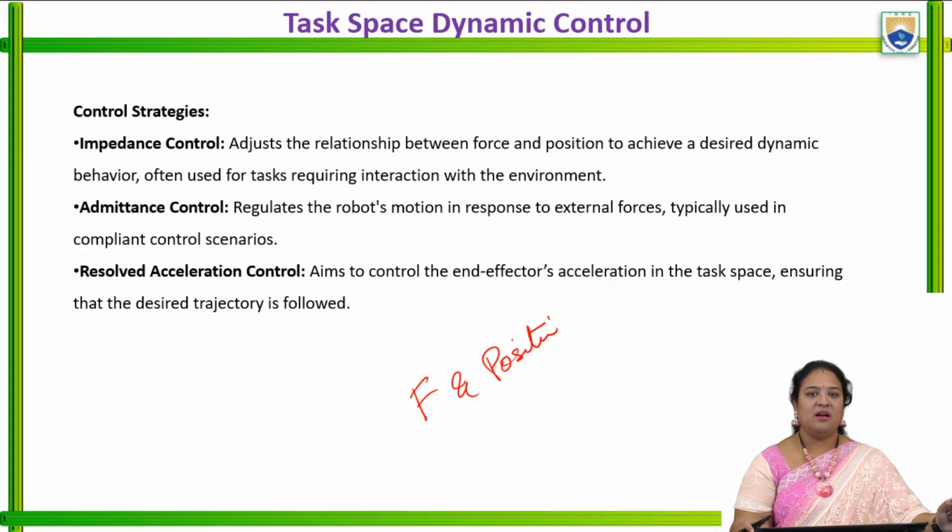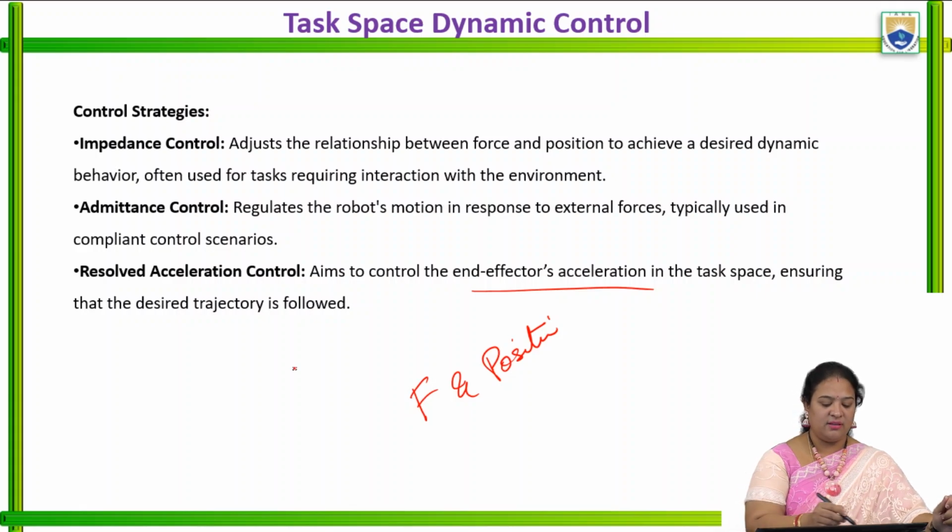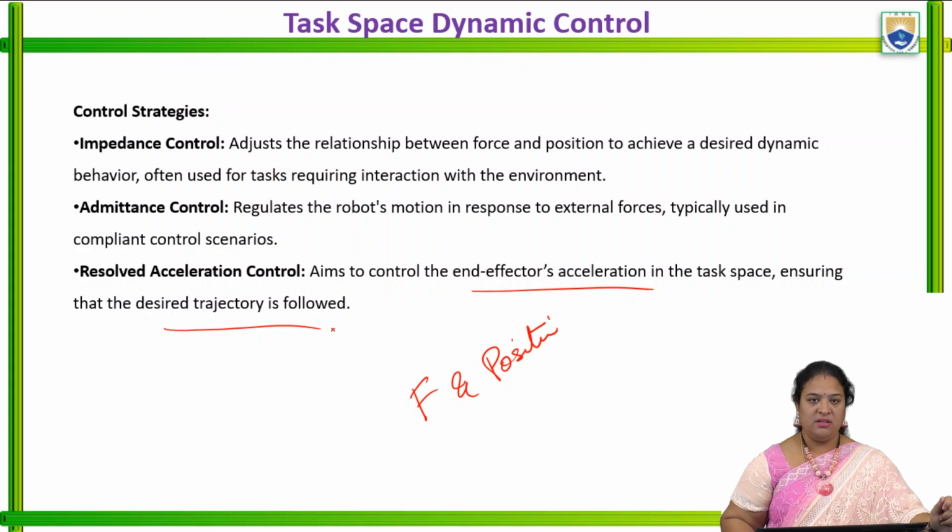And admittance control is used to regulate the robot motion in response to external forces, typically used in compliance control scenarios. The resolved acceleration control is aimed at controlling the end effector acceleration in the task space, ensuring that the desired trajectory is followed.